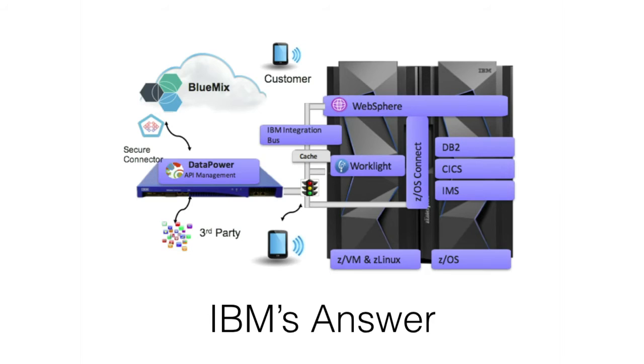Then they would like customers to use Worklight for their mobile solutions. And you can move workloads between your z/OS mainframe and Bluemix. So they are suggesting a hybrid cloud model where you can move data and processing between your mainframe and Bluemix, which is their public cloud. This is IBM's answer to what a modern workload on a z/OS system looks like.